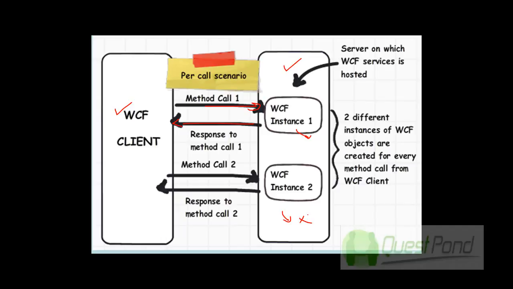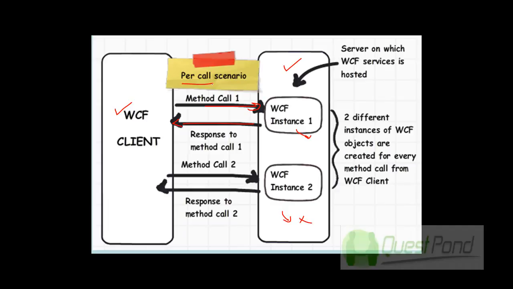In other words, for every method call from the WCF client, one WCF instance object is created, the request is served, and the object is destroyed. So per call means, as the name says, the number of objects will be directly proportional to the number of calls that the WCF client makes to the WCF server.